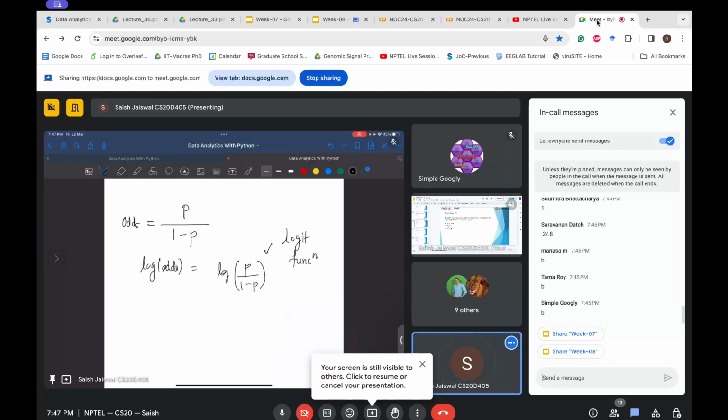So what will be the range of the logit function given p in the range 0 to 1 inclusive? That is the question. Anyone?